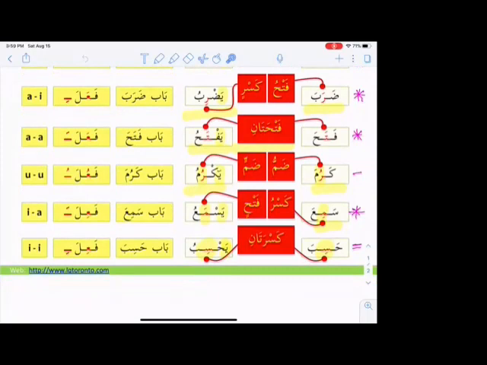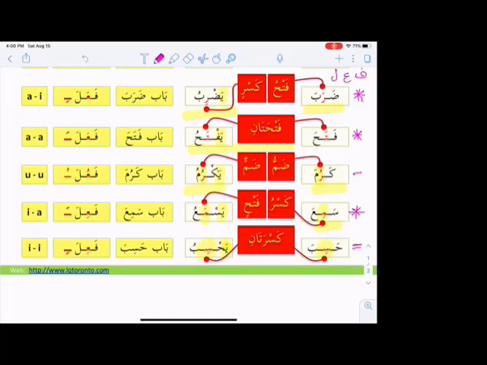And again, the scholars divide the three-letter verb into fa kalima, lam kalima, and then in the middle, the ain kalima, on the pattern of fa'ala.